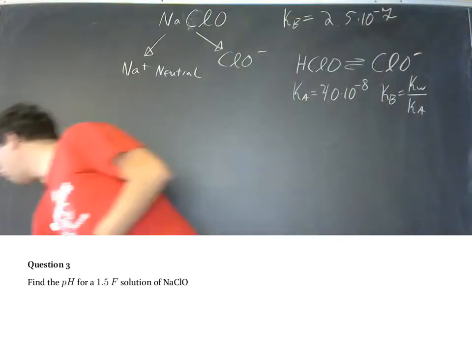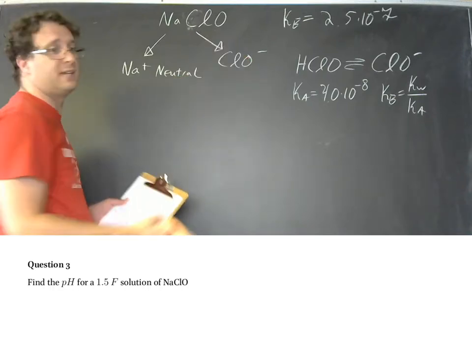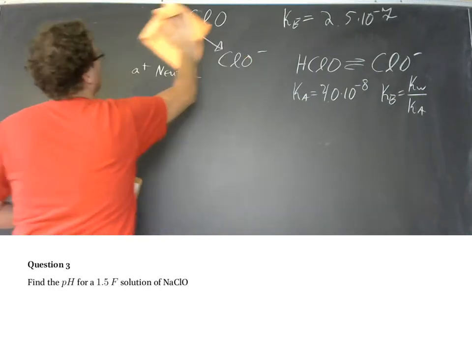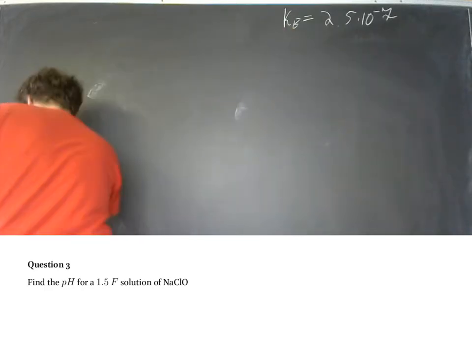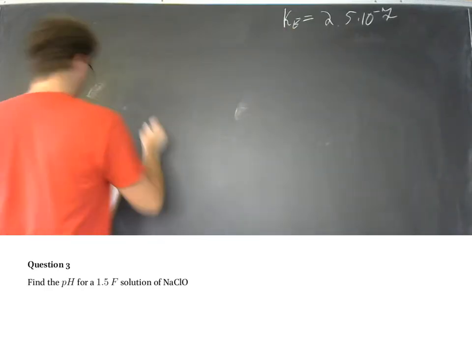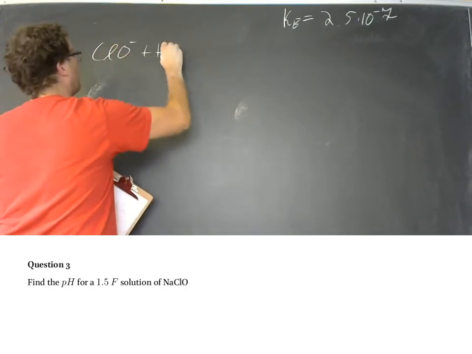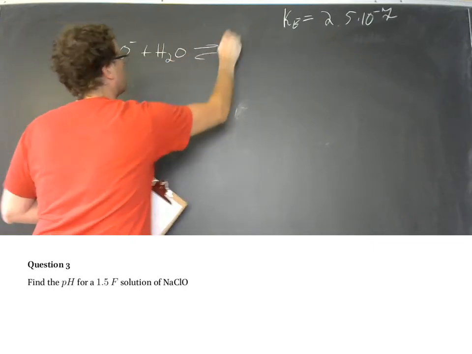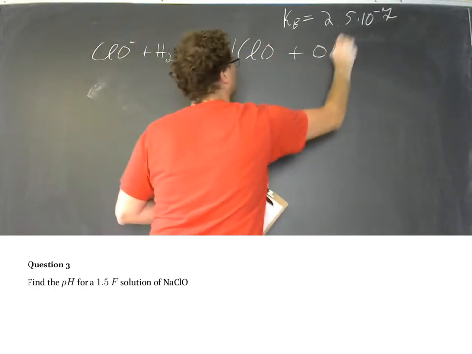And now we know it's going to be a base, and we've got a value for that base dissociation constant. And we can now treat this like a regular ice table type problem. We'll have ClO minus plus water in equilibrium with HClO plus hydroxide.